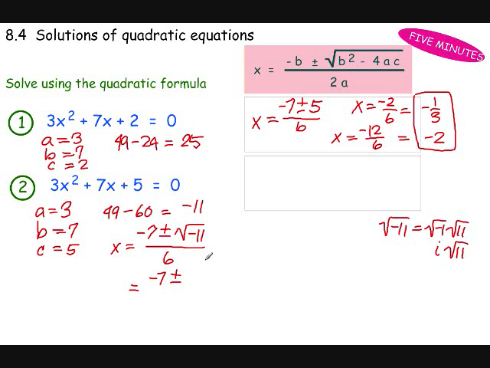So that's what we're going to write: plus or minus i times the square root of a positive 11, that looks much better, over 6. So we have two solutions again. They're not real number solutions. These are imaginary number solutions. Okay, we're ready to plow ahead with this new lesson.